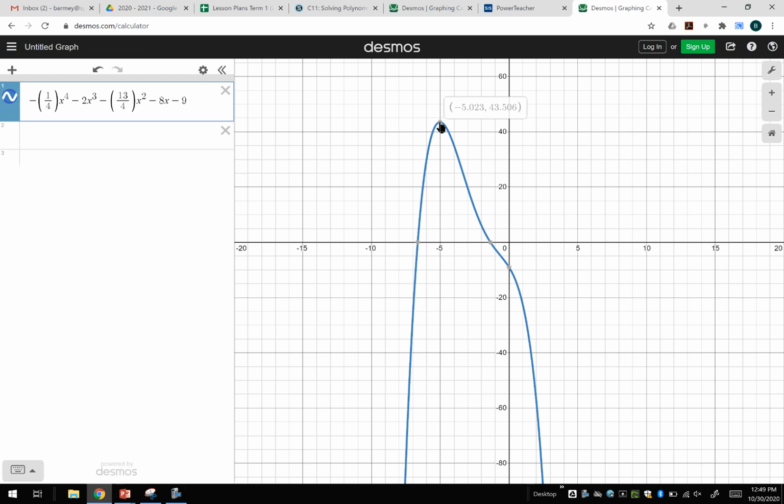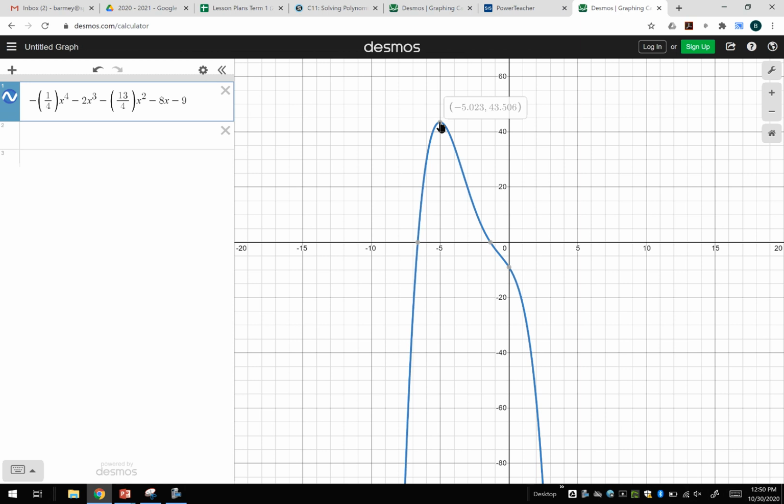The range, though, is restricted. So my range is output. So on this one, my highest y value that I'm going to get is 43.5. Any y value is going to be below that. So I would write this as an inequality that my y values will be less than or equal to 43.506.